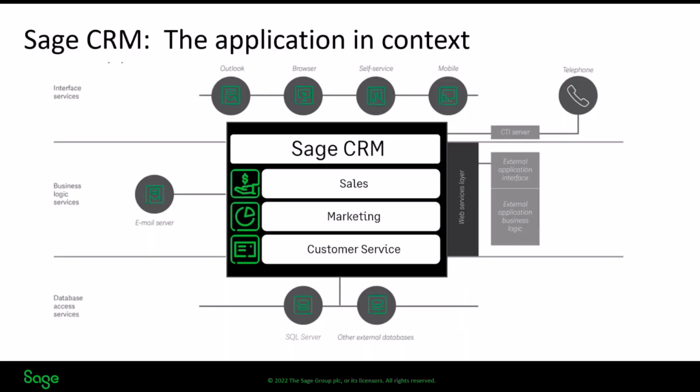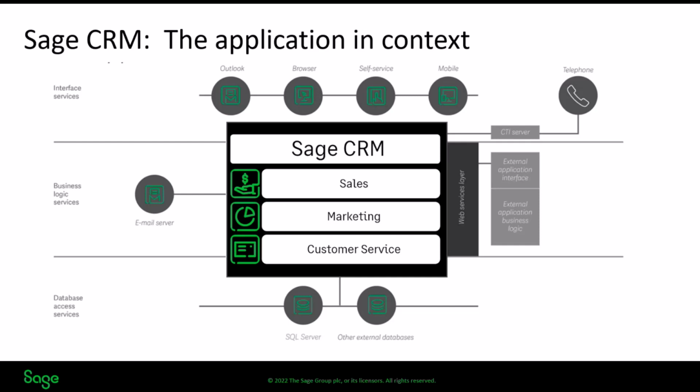Now let's start off with understanding Sage CRM in context. It is a generalist CRM tool. It doesn't have a particular vertical focus. It actually is used to manage customer sites, whether they are membership systems, asset management systems, loan management systems, cemetery management, pet dentistry, all the way through to managing veterinary practices and some aspects of healthcare as well.